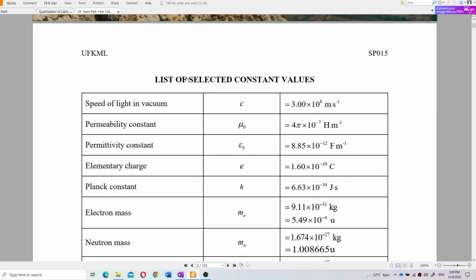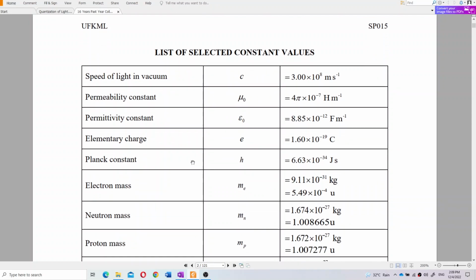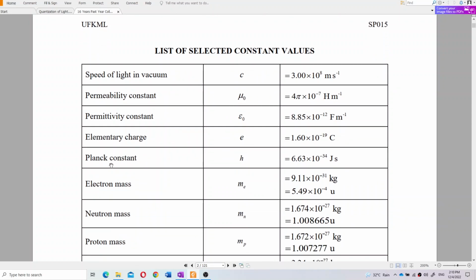You can find it from the list of constants provided in the exam. It is the Planck constant, which is 6.63 exponent negative 34 joule second.